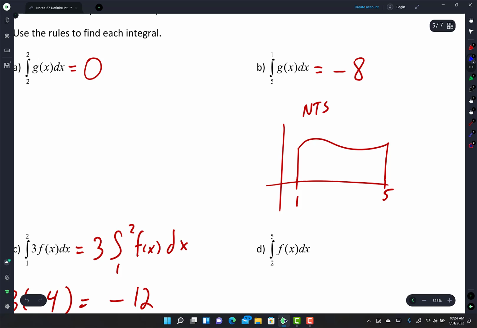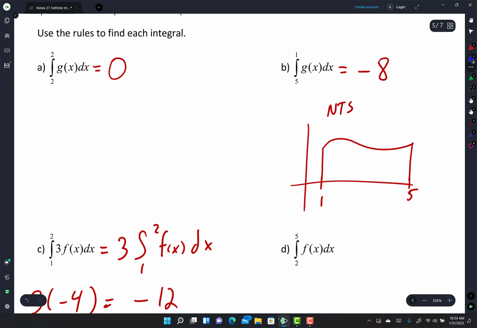Now, let me tell you what I'm going to do first. So here's the area from 1 to 2. Do you agree if I find the entire area from 1 to 5, and I subtract the area in blue, that I'm going to have this in green? Okay, so listen to what you just told me.